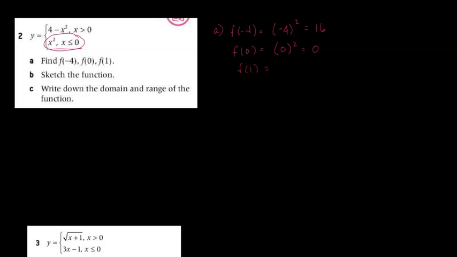F of 1, we're going to have to use this one here, and that's going to be 4 minus x squared. Let's go ahead and substitute that 1 in. So that's 4 minus 1, which is 3. Okay, and we can use those points to sketch the graph, but they're just functions. We're not having any dilations on these.